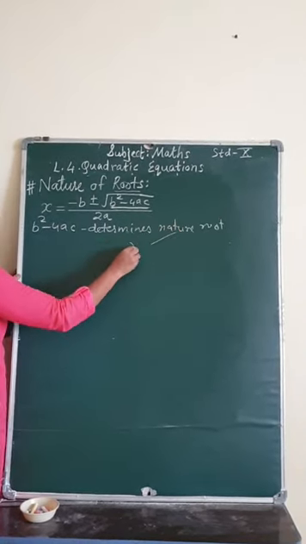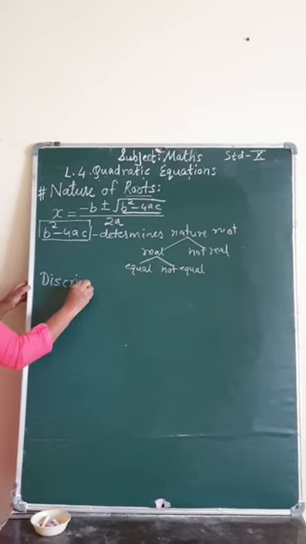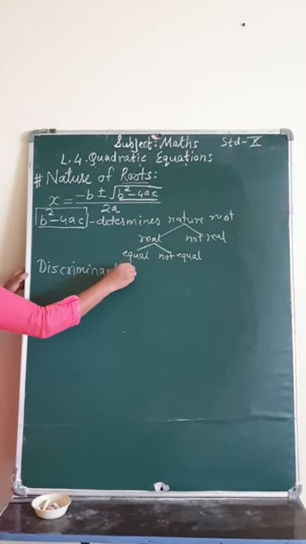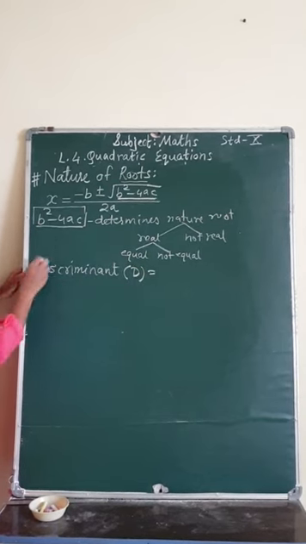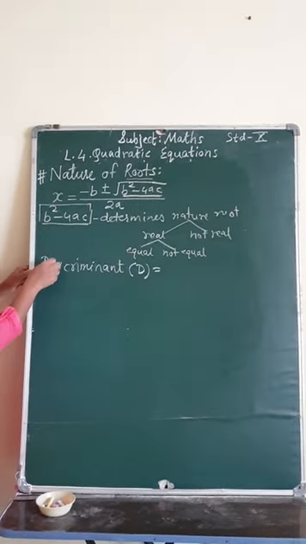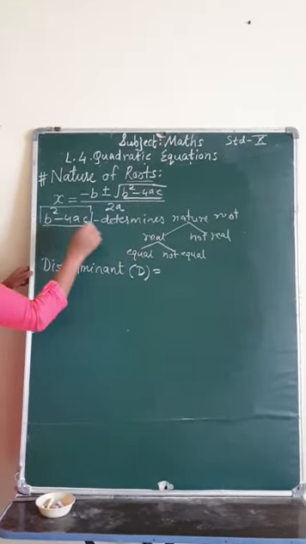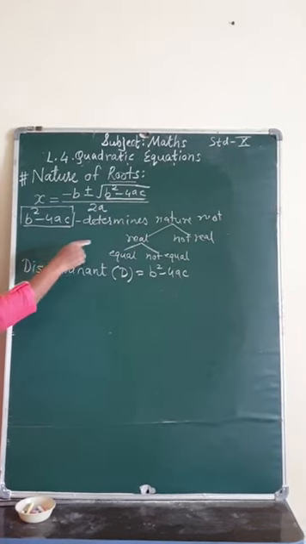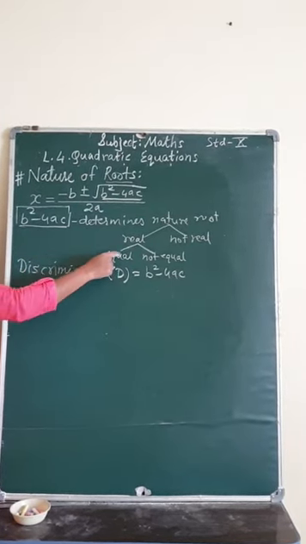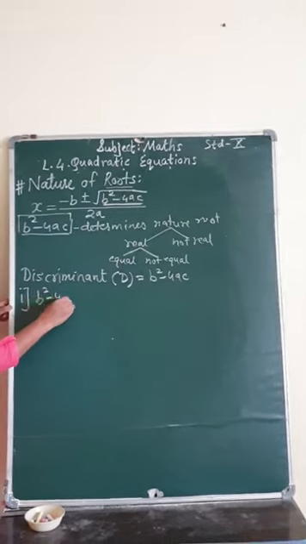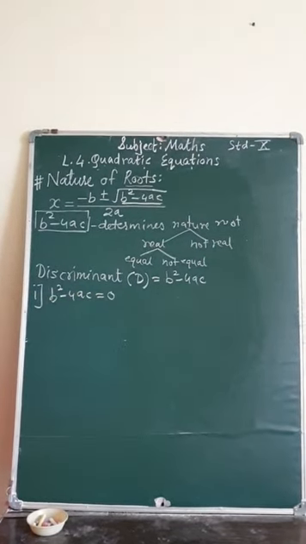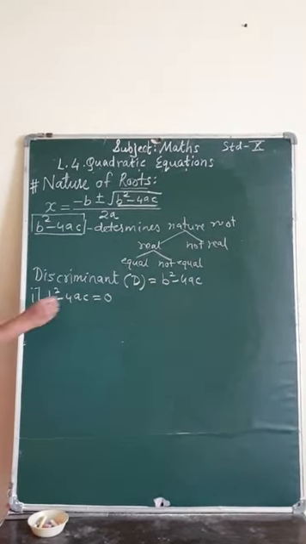This is also known as the discriminant, which is expressed by capital D. So while determining the nature of roots, this expression is called the discriminant. For example, in the first case, if b square minus 4ac is equal to 0, then it gives us real and equal roots. We will see how.